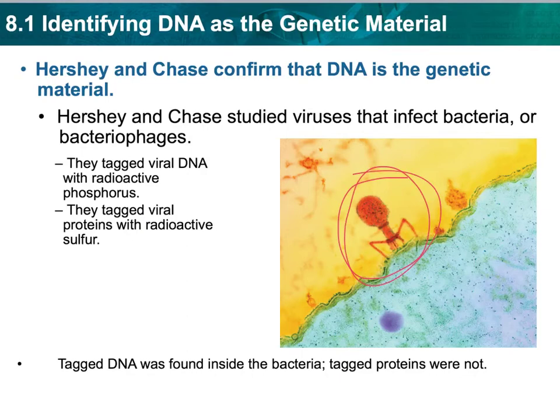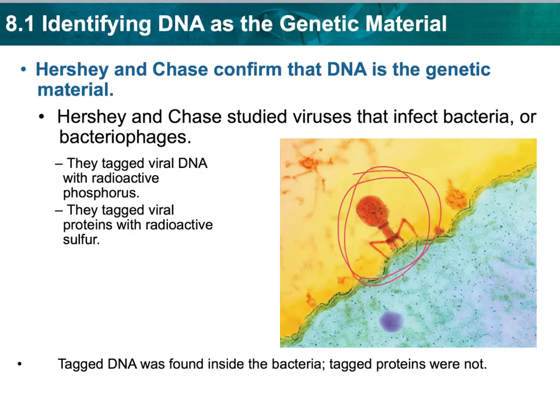And what that means is it would make the DNA glow, essentially, if they were to take an X-ray. They also tagged the viral proteins, so the proteins of the virus, with radioactive sulfur. And in that case, it made the proteins glow when an X-ray was taken.